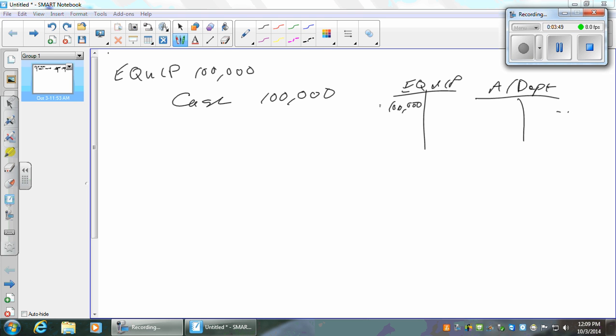So accumulated depreciation is where we show the portion of the equipment we've used up. What was the other account? Depreciation expense. What's that? It's an expense account. So what happens to expense accounts every year at the end of the year before you start a new year? Close it and start over.